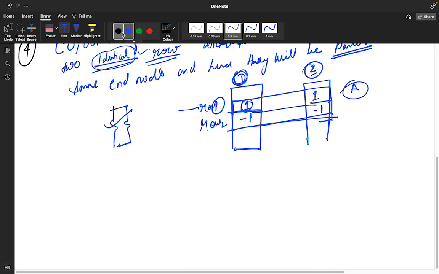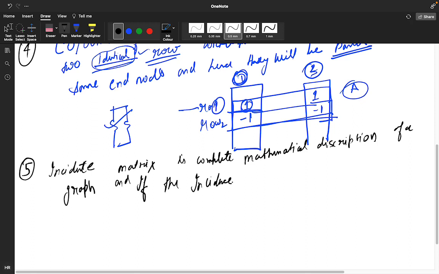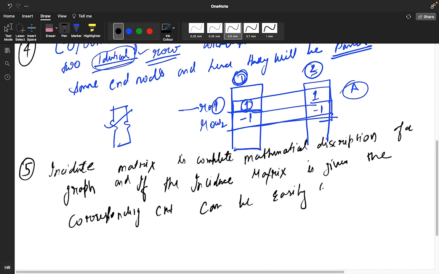The fourth one is: the incidence matrix is a complete mathematical description of a graph, and if the incidence matrix is given, the corresponding circuit can be easily constructed.